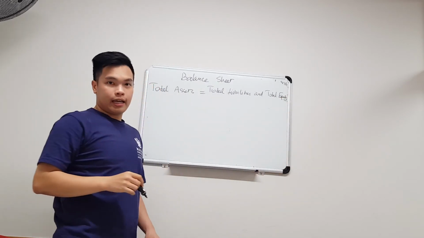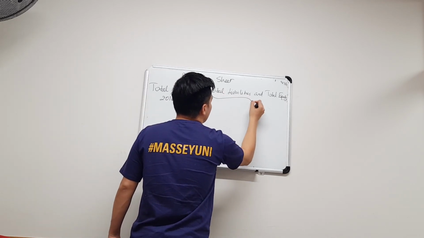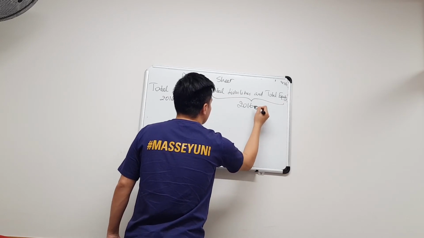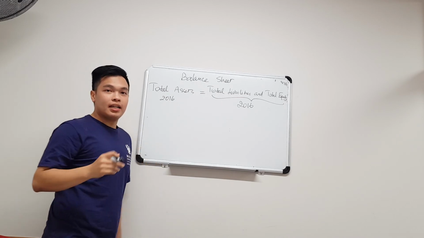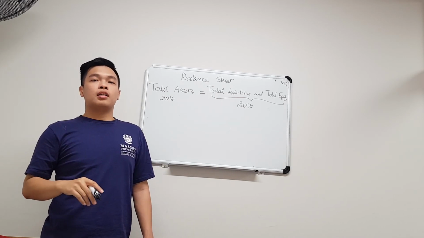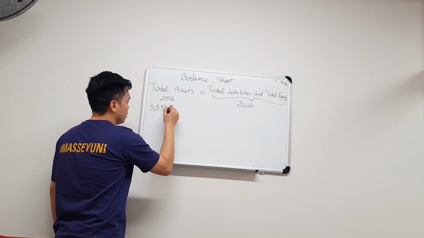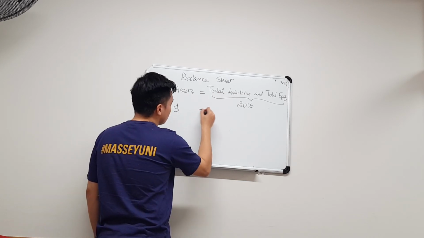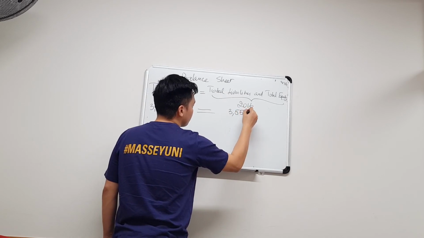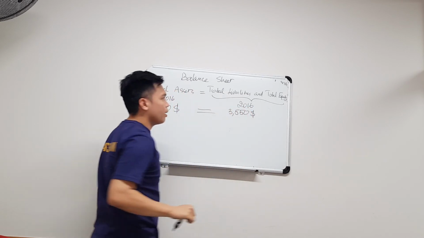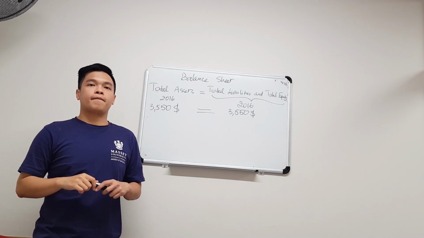Here in this case we have total assets for 2016, and total liability and total equity for 2016, exactly the same amount. They must be equivalent, the same together. In this case we have $3,550 for total assets, also $3,550 for total liability and total equity. So that is the balance sheet.